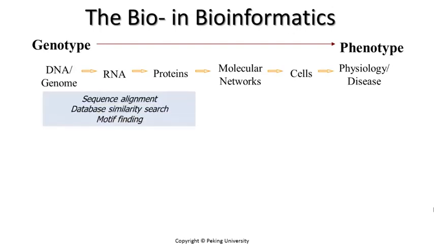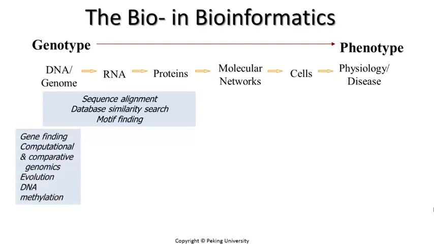For instance, sequence alignment. Are the sequences of two genes or proteins similar? Could they be homologous? How can we find the closest homologs of the gene I'm studying from the vast databases? Can I use the known function of a known gene to guide the study of my gene of interest?